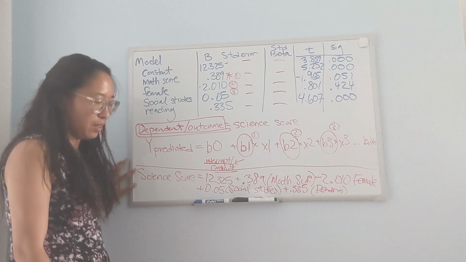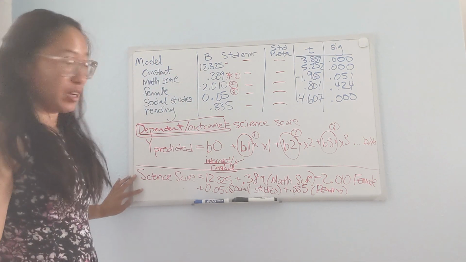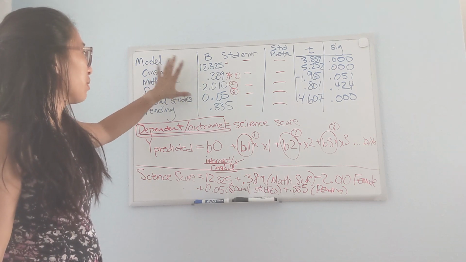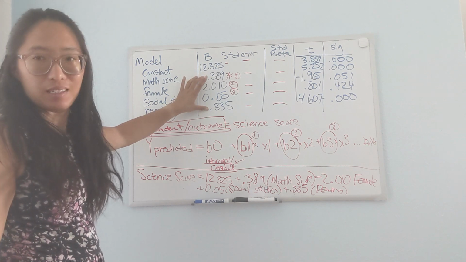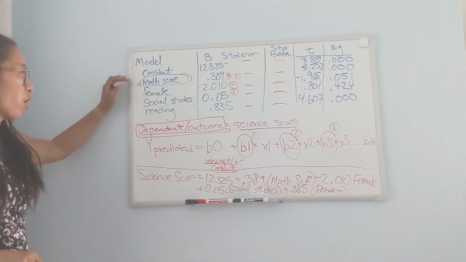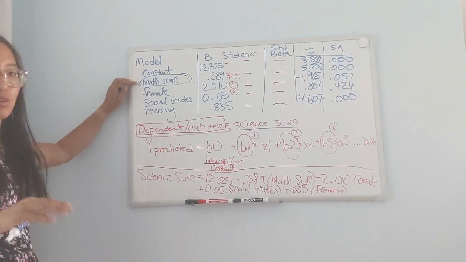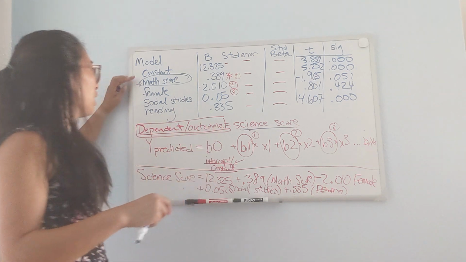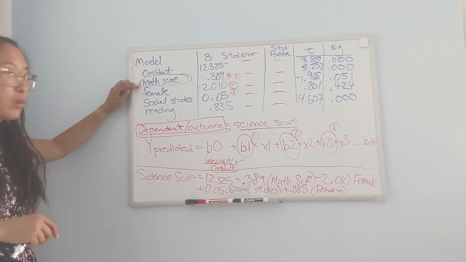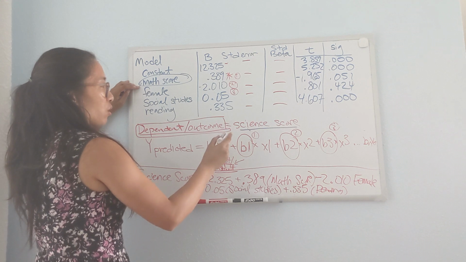So that's one applied way I can think of that may be relevant to you all for using regression. But let's continue on with assignment 4, right? This is the equation, that's one part, and then we have to analyze what these beta coefficients mean. The way the beta coefficient works is that every one increase in the independent variable, because we're going from independent to dependent, or the predictive variable, there will be a 0.389 increase in science score.